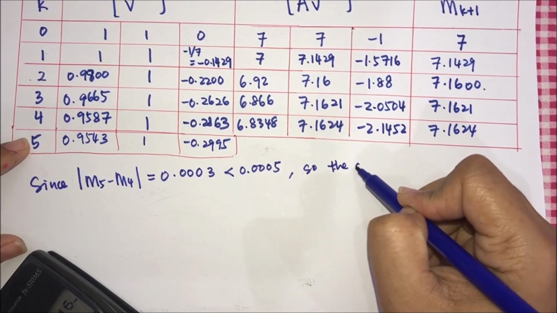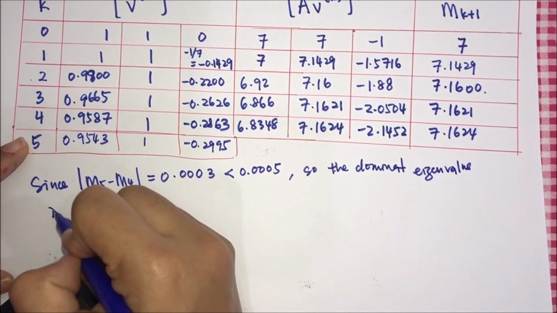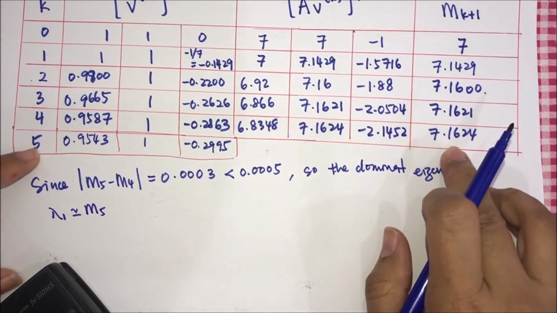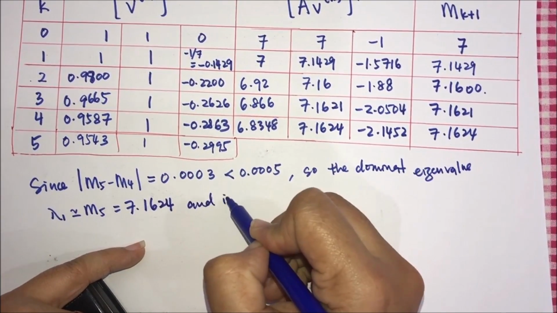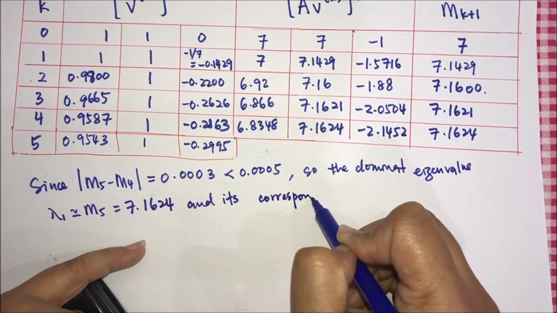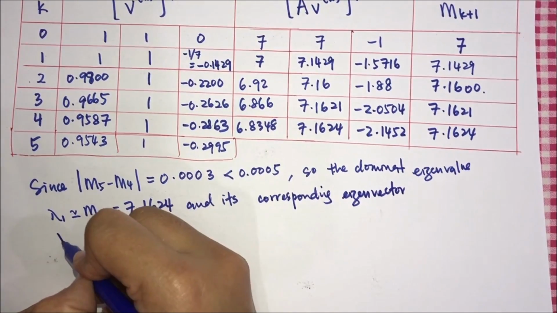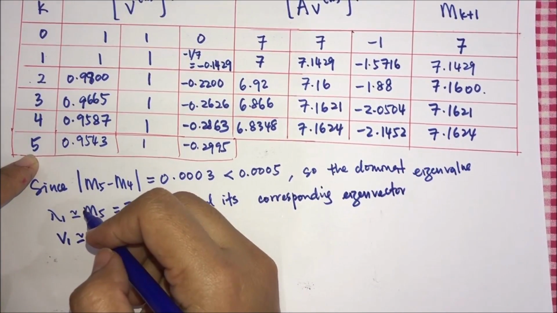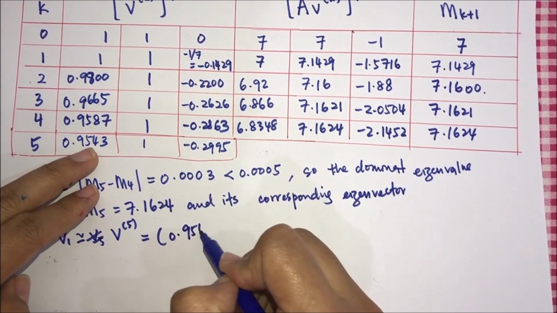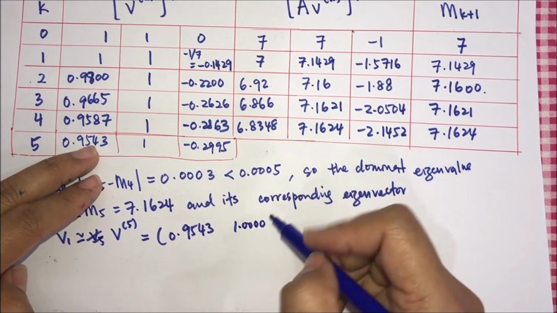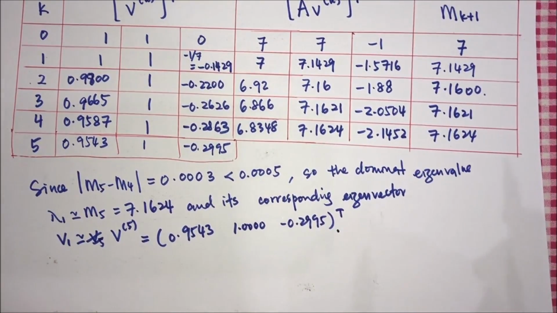So the dominant eigenvalue is equal to m5, which is 7.1624, and its corresponding eigenvector v1 is equal to v5, sorry, should be v5, equal to (0.9543, 1, negative 0.2863) transpose.